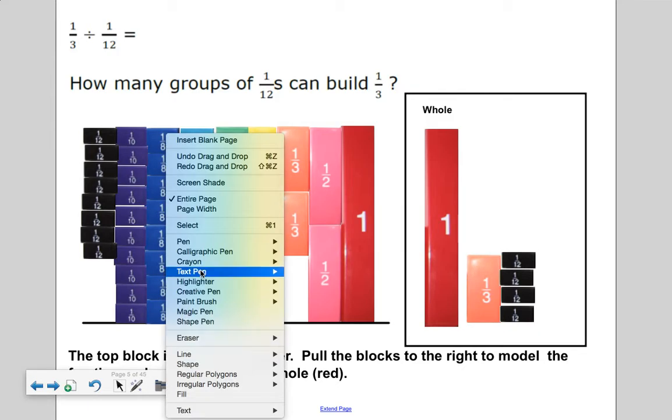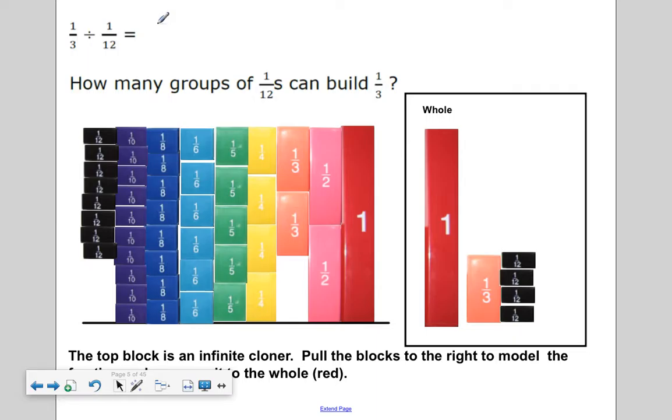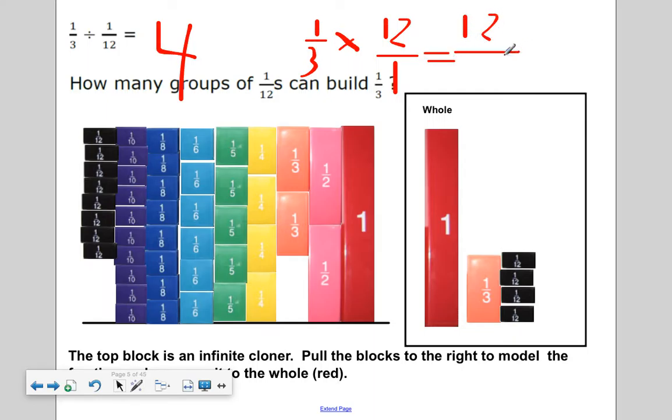So the answer is 4. What again if you do not prefer the pictorial model? So I keep the 1/3. I multiply by its reciprocal. What's the reciprocal of 1/12? 12/1. If you multiply this, you get 12/3. And what's another way to say 12/3?